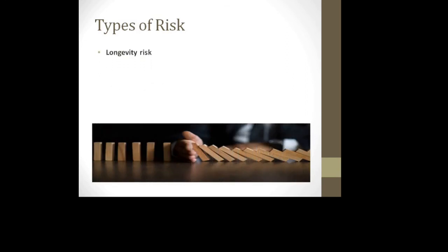The next type of risk is longevity risk. Longevity means the number of years you are living. The risk of outliving your savings is called longevity risk. This risk is particularly relevant for people who are retired or nearing retirement.